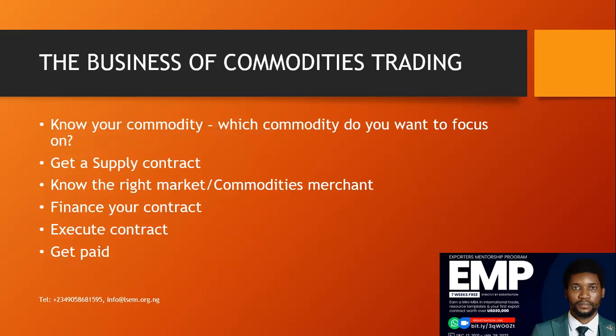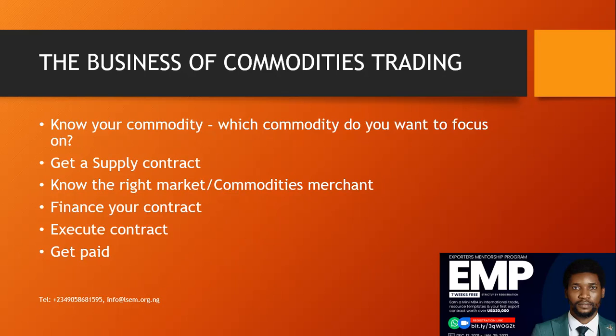So the business of commodities trading: know your commodity. Which commodity do you want to focus on? I advise you to focus on one or two commodities, at most two. And if you like, you can take all the commodities, but it's always good that you focus on just a few. Then get a supply contract.